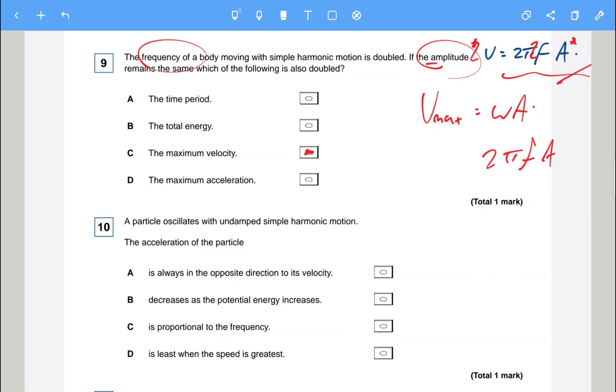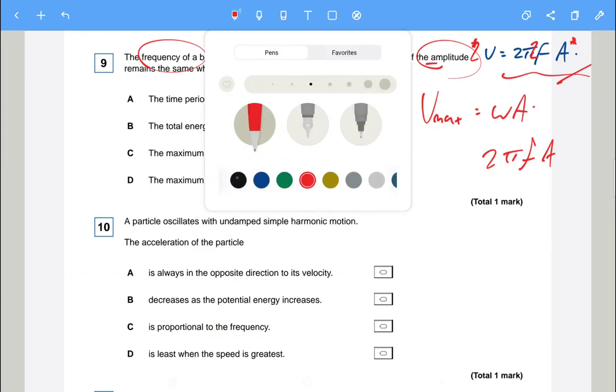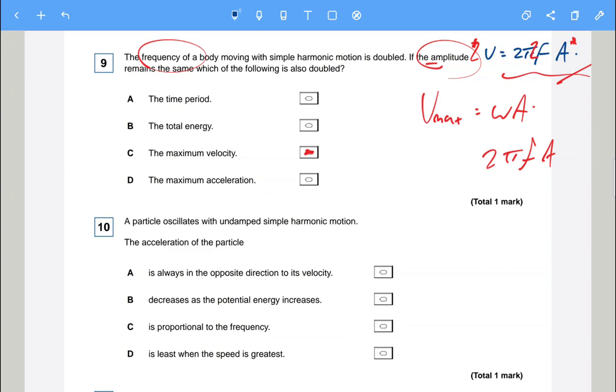So we can look at number 10. So number 10 says a particle oscillates with undamped simple harmonic motion, the acceleration of the particle. Now what you need to know for this one is the stuff that we did in some of the first questions. If you just think about the pendulum and what happens. Now you might go to this one straight away.